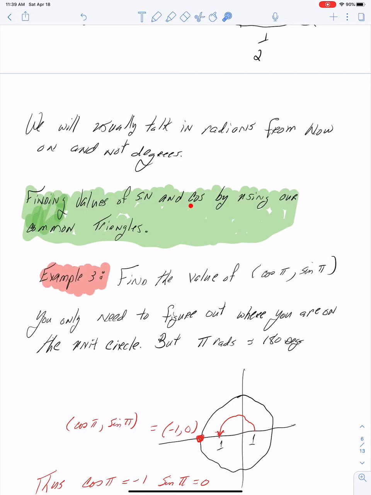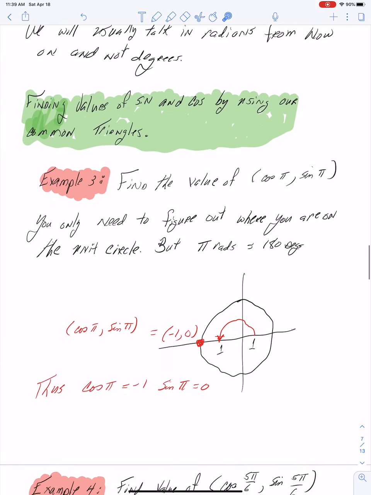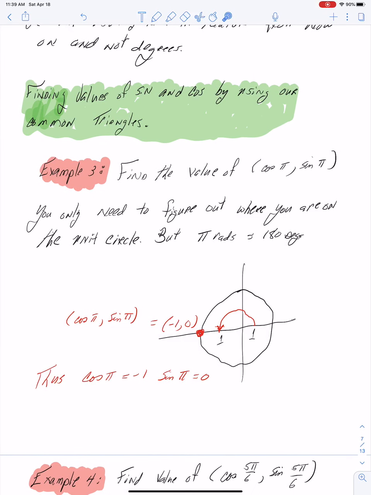Now, in the chapter, I talked about finding the values of sine and cosine. But the only ones I looked at were where they intersect the coordinate axes. And in fact, one example, which I'm going to repeat here, is suppose I want to figure out the cosine of pi and the sine of pi. Remember, I take a unit circle.